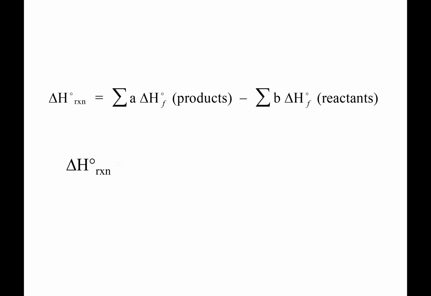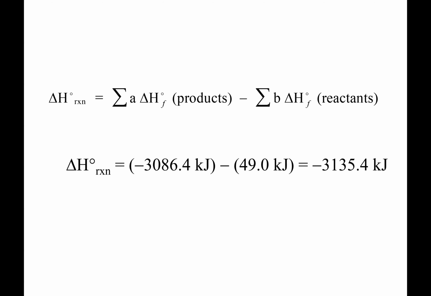So applying this formula, we get the summation of our products, negative 3086.4 kilojoules of energy. From that, we subtract the summation of our reactants, which is 49.0 kilojoules. Rounding is a tricky thing in these problems, but we're subtracting, so we'll go by decimals. So we get negative 3,135.4 kilojoules.